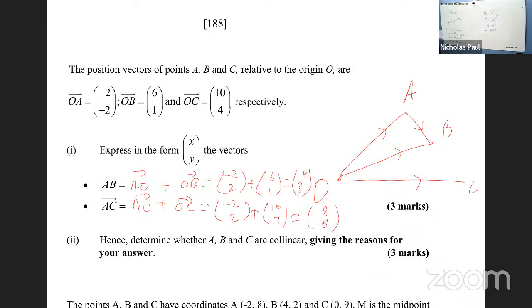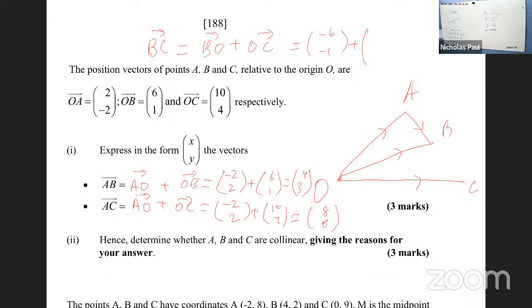But in order to find collinear, I still need to find BC. BC is equal to BO plus OC. I am following the steps for collinear: AB, BC, AC. Right? And B to O is negative 6, negative 1.